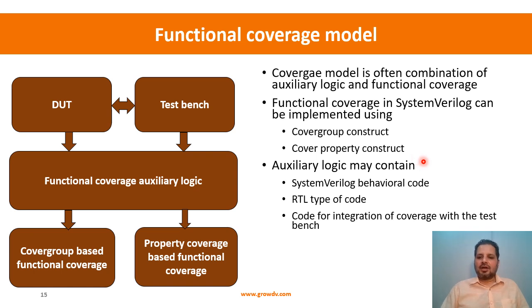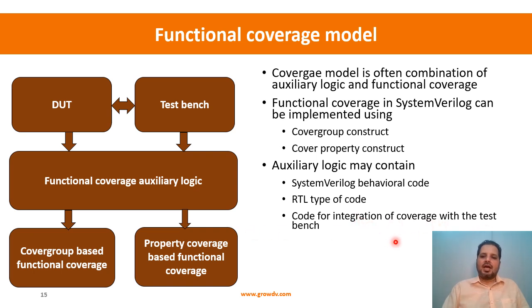You are actually capturing a waveform, and then you need code to generate the waveform, and RTL is best suited to do that. So you could have an RTL type of auxiliary code which creates this additional information that you want to rely on for doing your property based coverage, and then you need some code for integrating the coverage with the test bench.